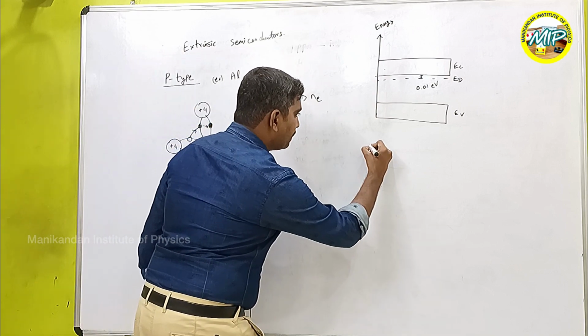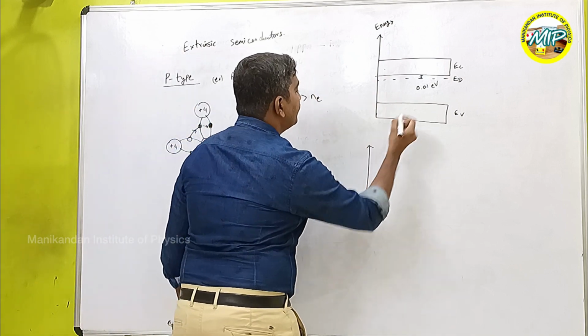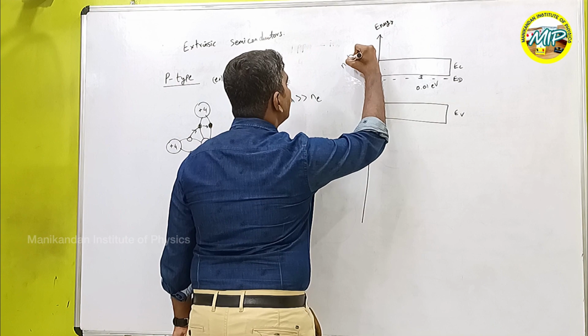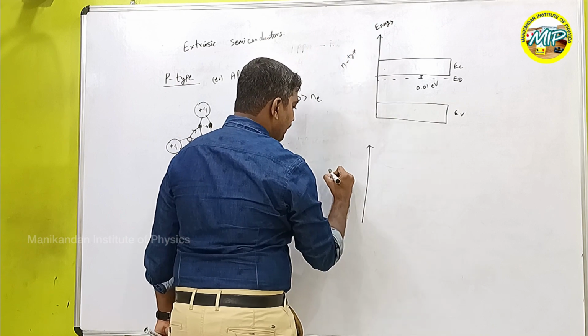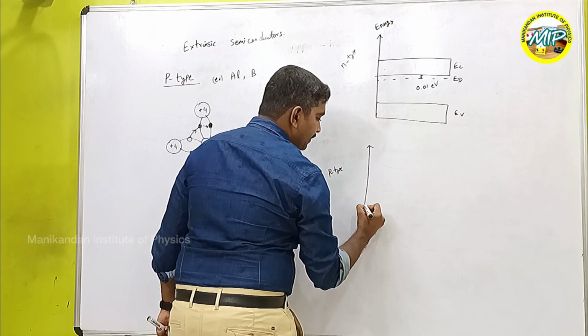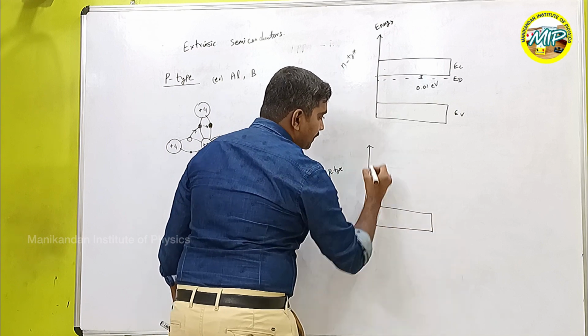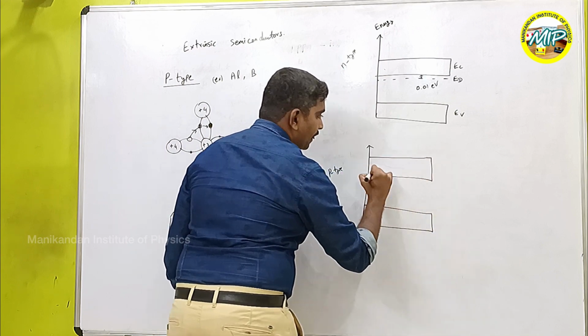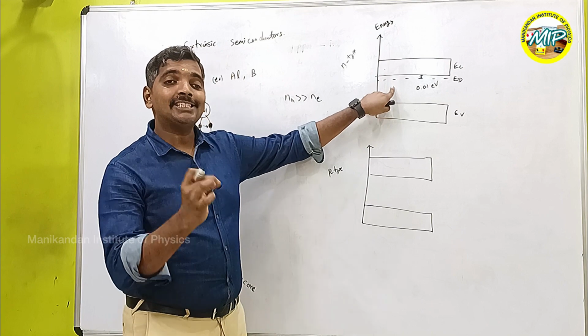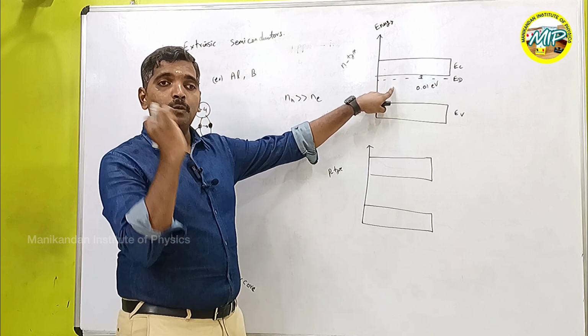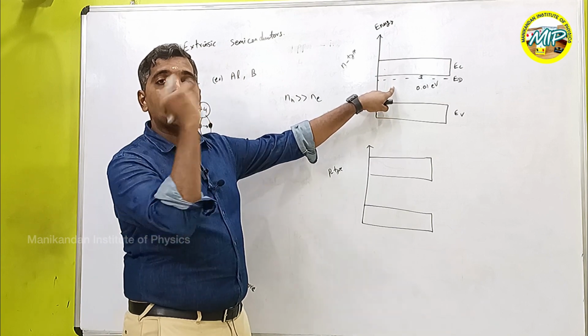So if I plot the same graph here, this is for N type and this is for P type. Here each donor core will provide one electron to the system for the conduction process.